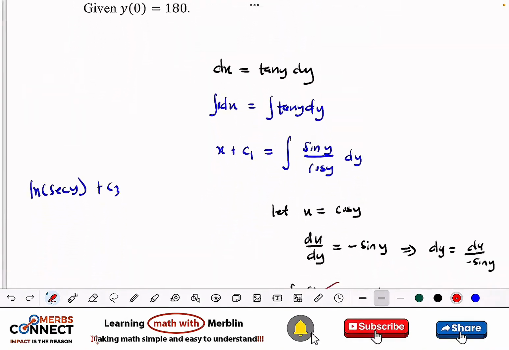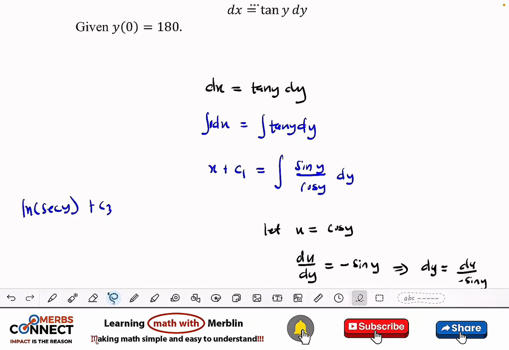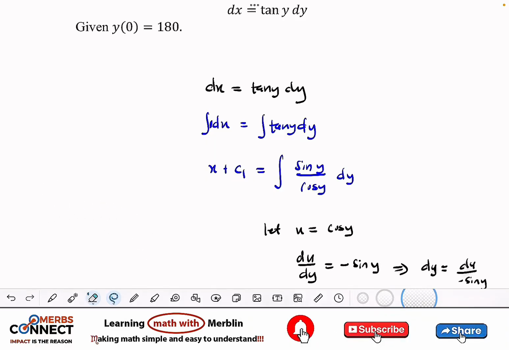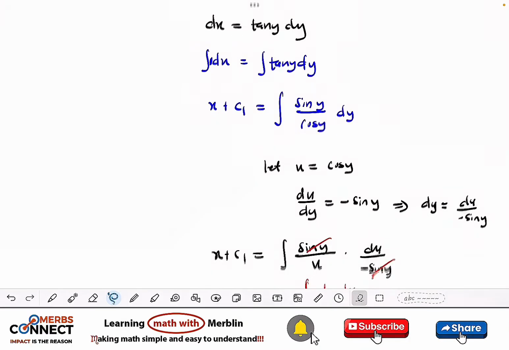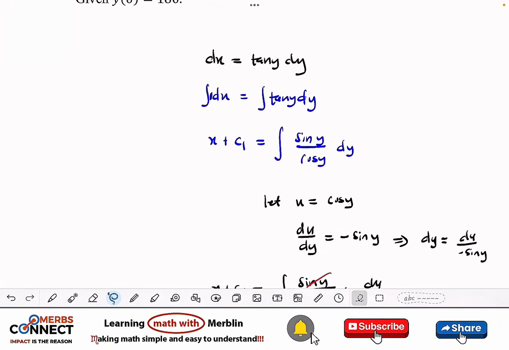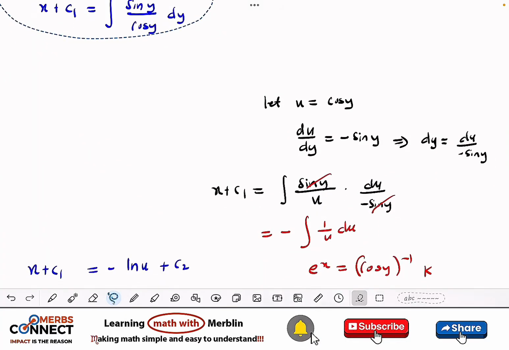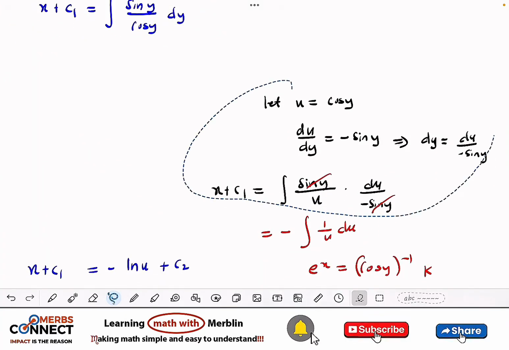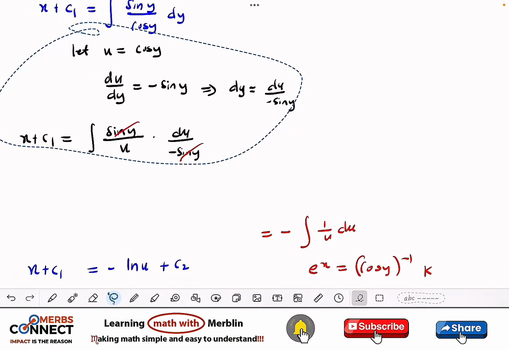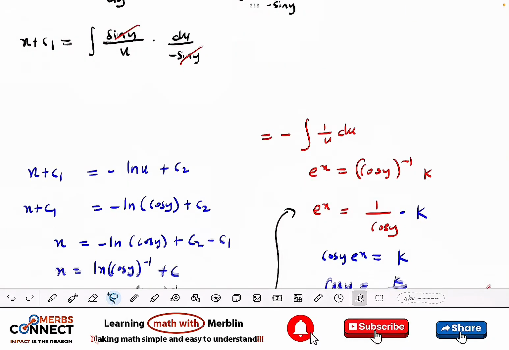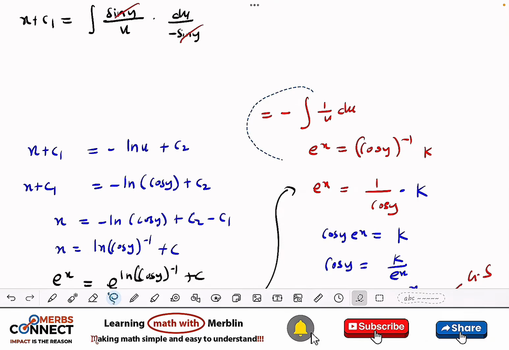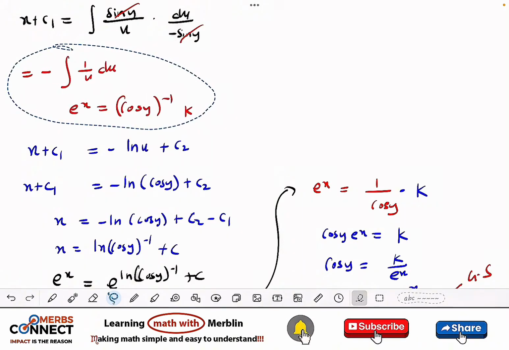Okay, they've given us an initial condition, so let's try and find the particular solution too. Let me bring this here, and also this here. Good.